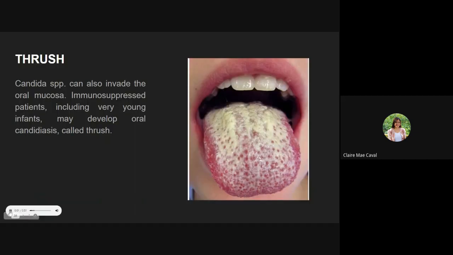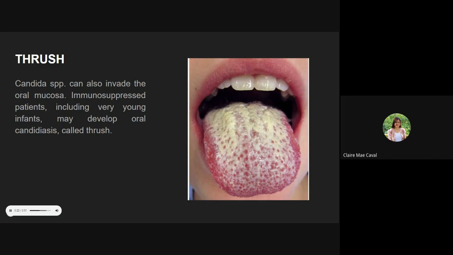Lastly, I just include here thrush. Thrush can be caused by Candida species that can also invade the oral mucosa. This is observed among immunosuppressed patients, including very young infants, who may develop oral candidiasis called thrush.